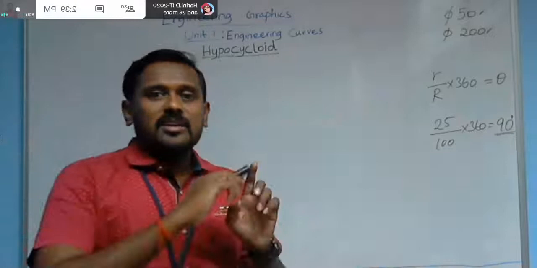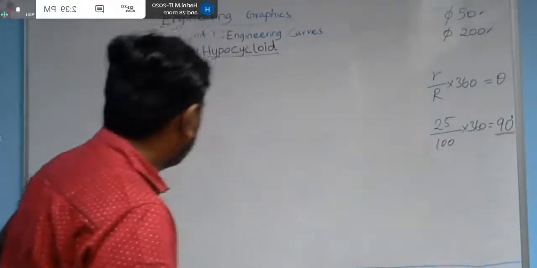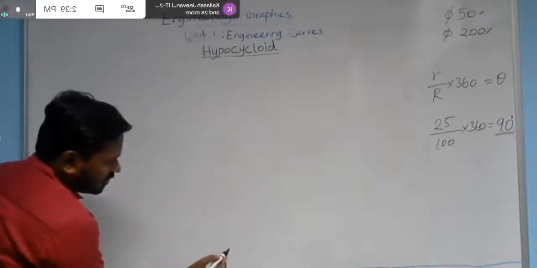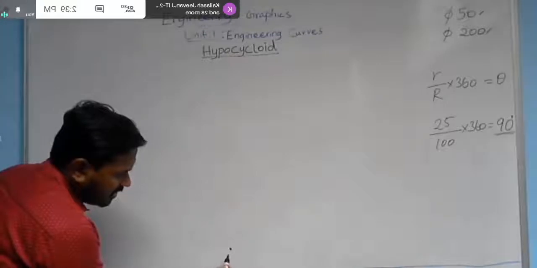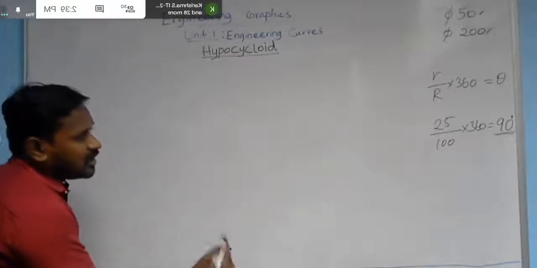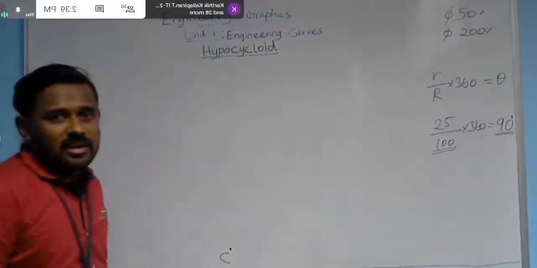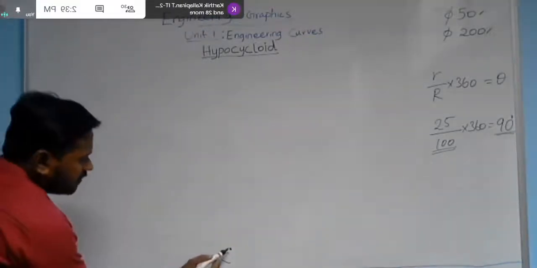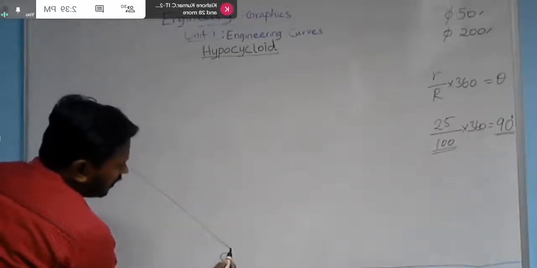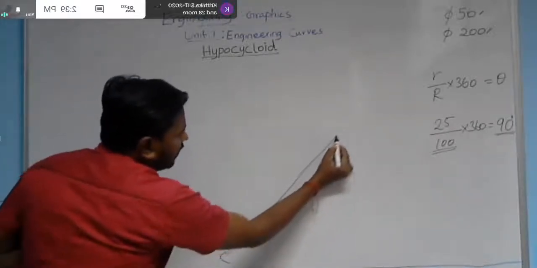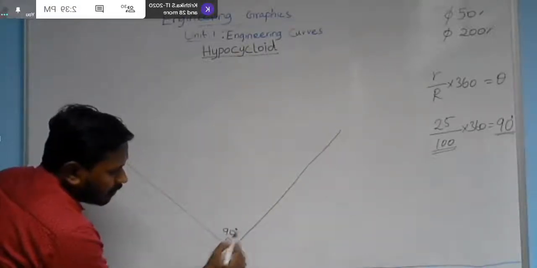Now draw the sector, or simply draw the directing arc. Have the common center C here. Is it visible? Yes, common center C here. From this, take the radius 100 mm in your compass and aim for 90 degrees.